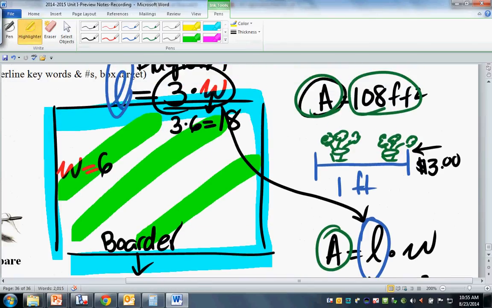Let's walk the border around. I'm going to go 6 plus 18. That's 24, right? Plus 6 plus 18. That's 24 plus 24.